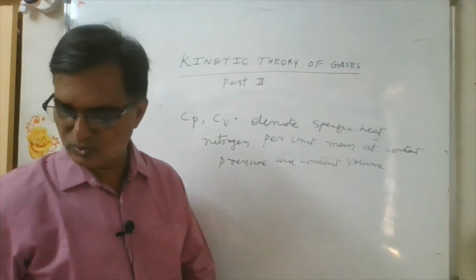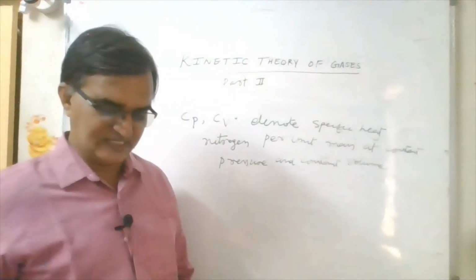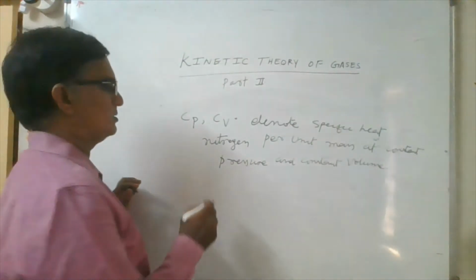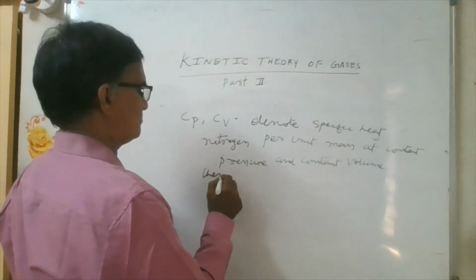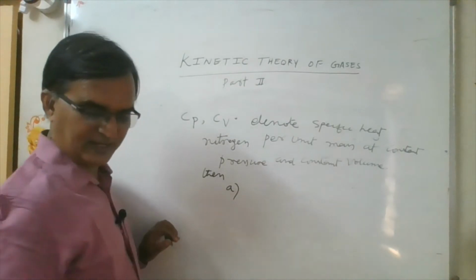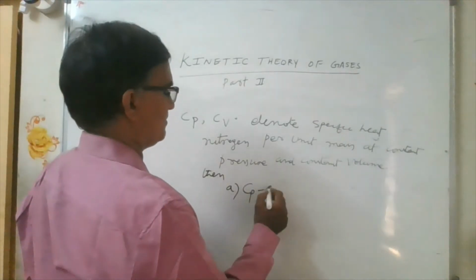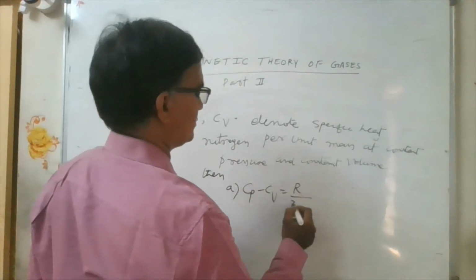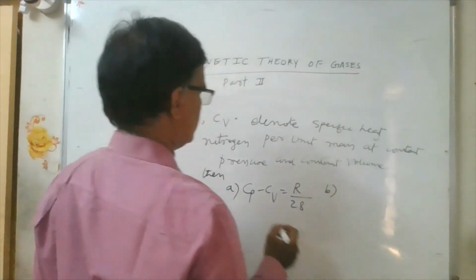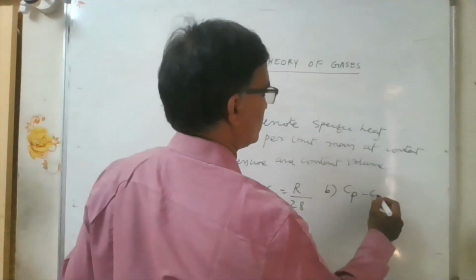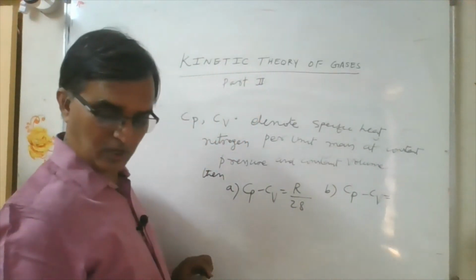Now you have to calculate the relation and find the correct option. A, Cp minus Cv is equal to R by 28. B, Cp minus Cv is equal to R by 14.